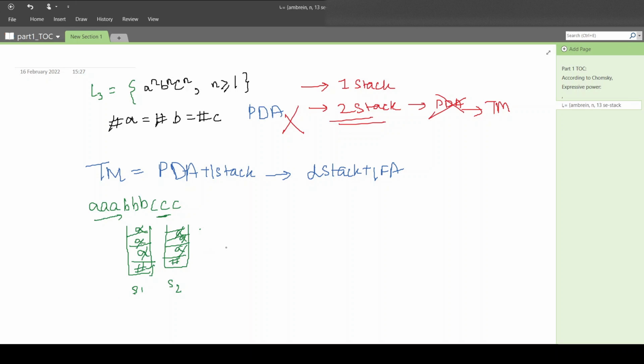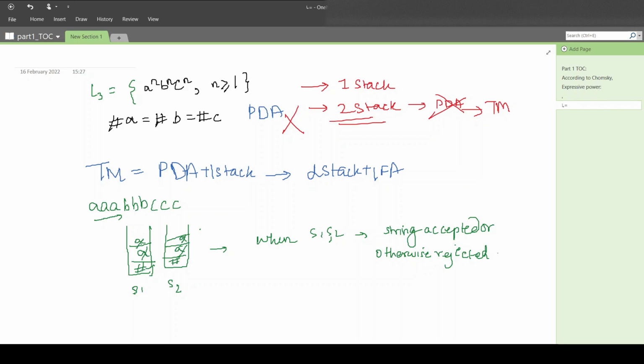So from this we can see that both the stacks are empty, that is hash, and we'll say the string is accepted, or otherwise rejected. Yes, simple concept. So let's see if a Turing machine is able to perform a language bigger than this.